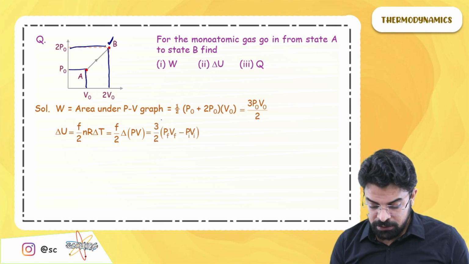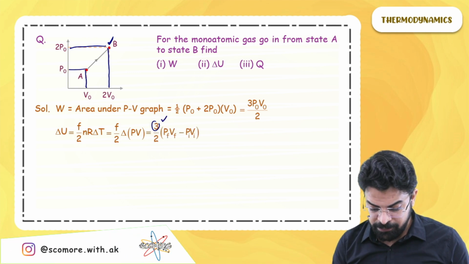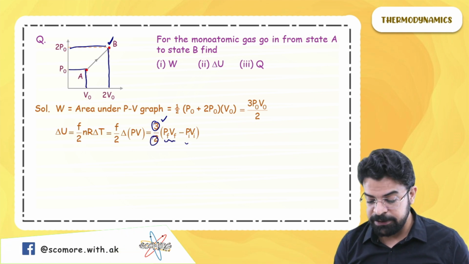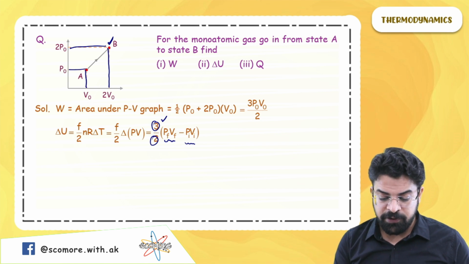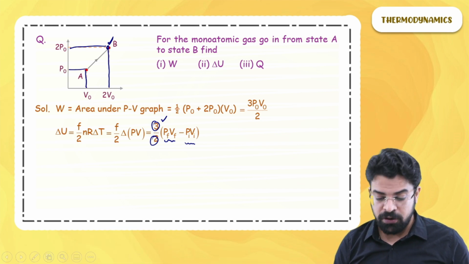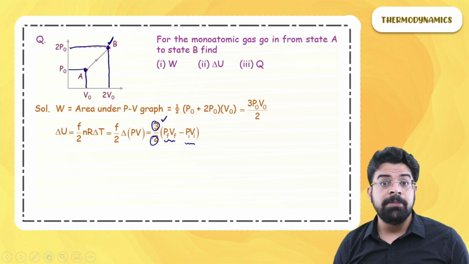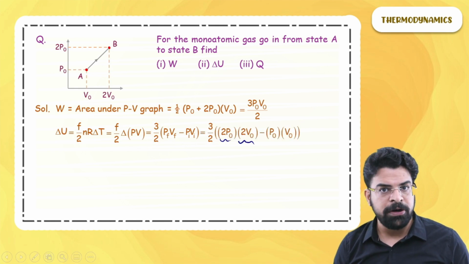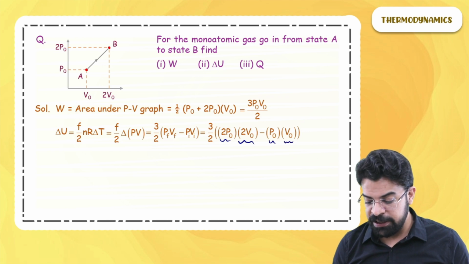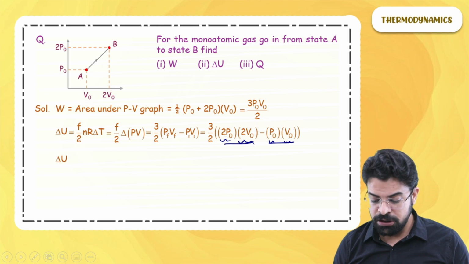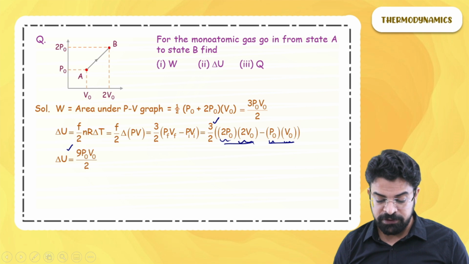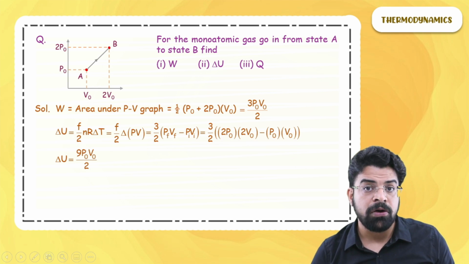So 3 by 2, degree of freedom 3 for monoatomic, into P final V final, 4P0V0, minus P initial V initial, P0V0. So 4 minus 1 becomes 3P0V0. So you get the change in internal energy to be 3 by 2 times 3P0V0, which comes out to be 9P0V0 by 2.